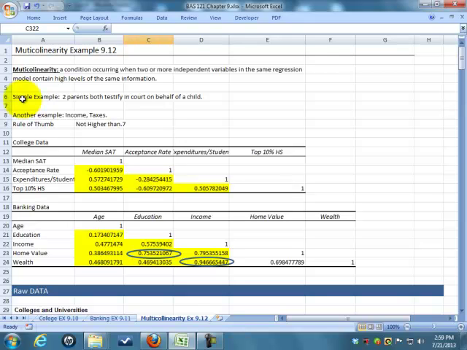If a child is on trial, and as a character witness you bring in the mother, and then you bring in the father, some people might argue that's really not two independent witnesses, because in most cases the father's and the mother's testimonies about their child are going to be very similar.